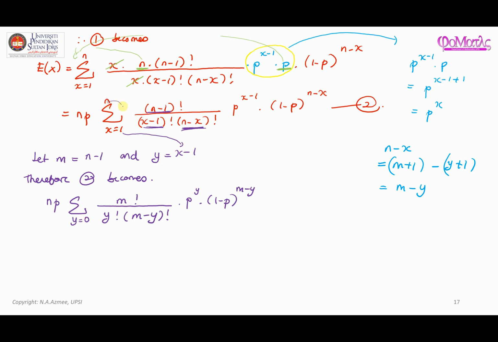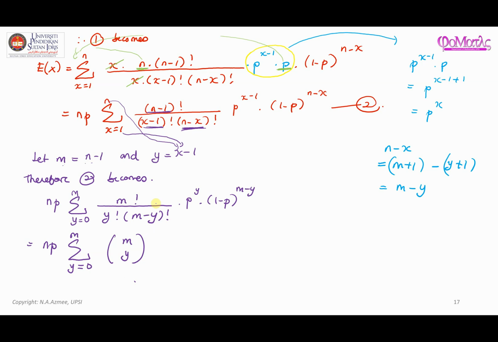And if x is equal to n, y becomes n minus 1. But what is n minus 1? n minus 1 is m. So we can write down that y begins from 0 and it will stop at m. So this one here becomes np.